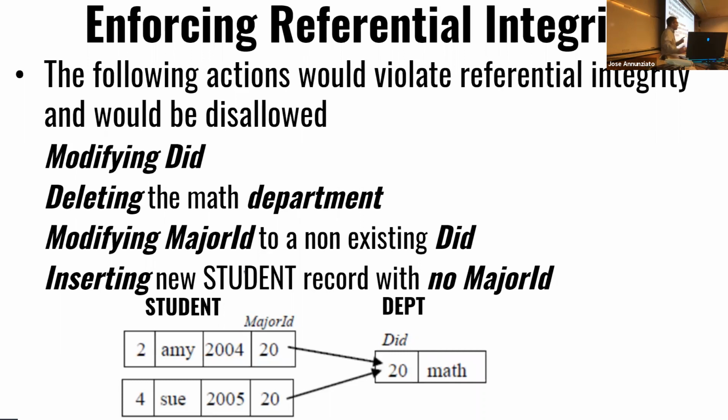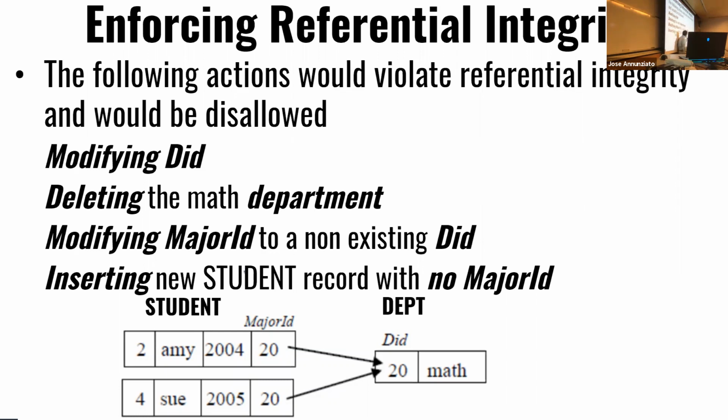Or I might choose a couple of other cases. The default is that it stops me: if I remove the department, it's not going to let me because there are records already referencing it. Or I can configure a couple of other things. How about, for instance, Cascade?